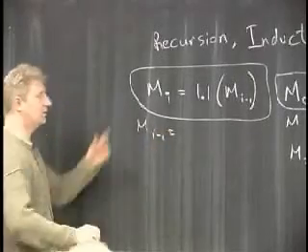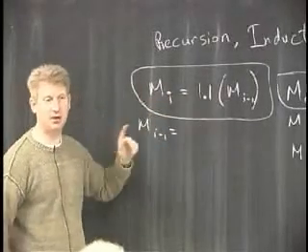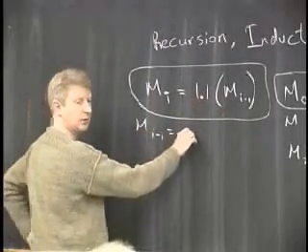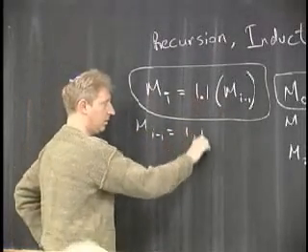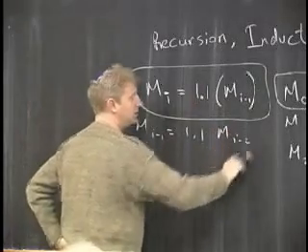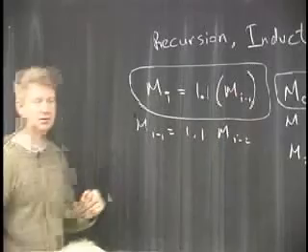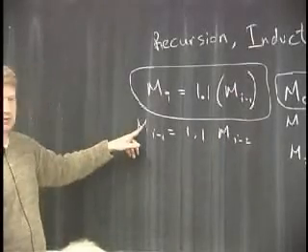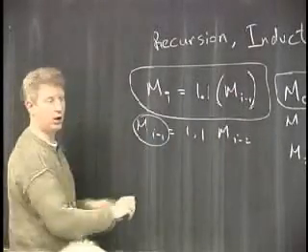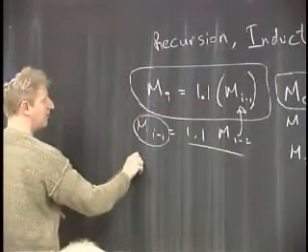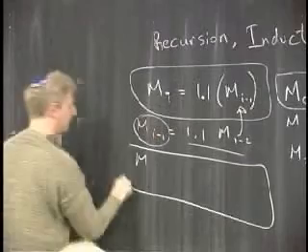The good thing about a recurrence equation is that it tells us what m of anything equals. m of i equals 1.1 m of i minus 1, so m of i minus 1 equals 1.1 m of i minus 2. In place of i I put i minus 1, so i minus 1 minus 1 is i minus 2. My whole goal was to get rid of this m, and now I put this back here.